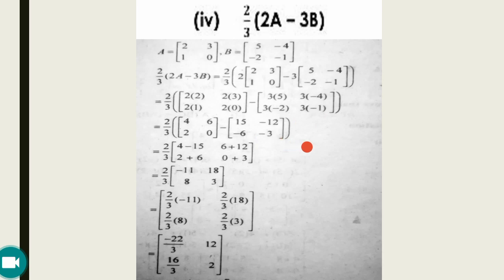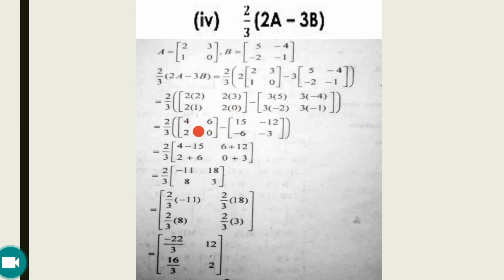As we know that these two matrices have the same order, we can subtract, and we will subtract the corresponding entries. The corresponding entry of 4 is 15, so 4 minus 15.